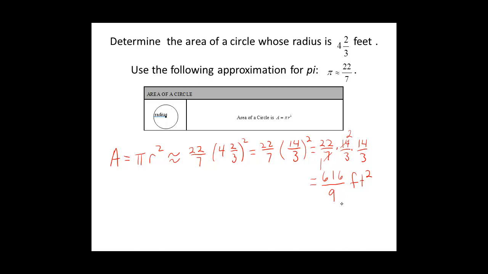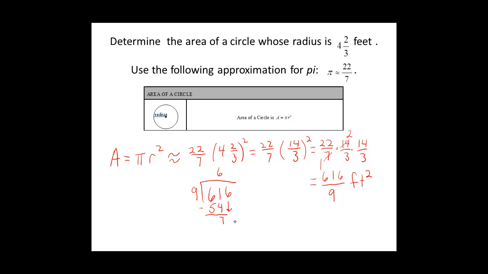We can write this as a mixed number by putting the numerator inside the division symbol and the 9 outside. We will look at 9 dividing 61 first. 9 divides 61 6 times. 6 times 9 is 54. When we subtract, we get 7.